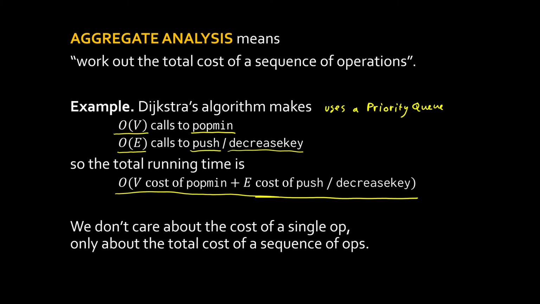When we're analyzing the complexity of running Dijkstra's algorithm, we don't care how much one of those individual operations costs. We only care about the total cost of v popmins and e of the others.